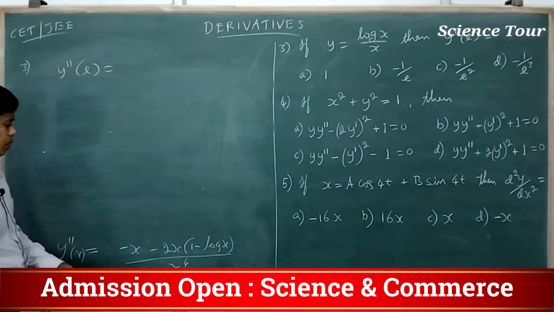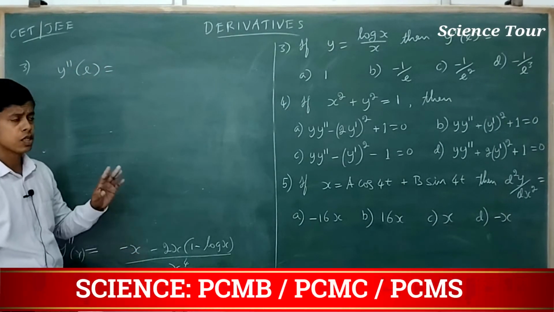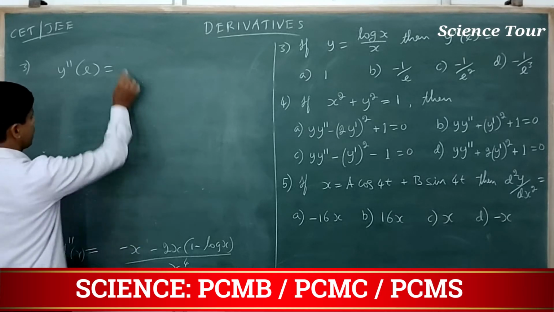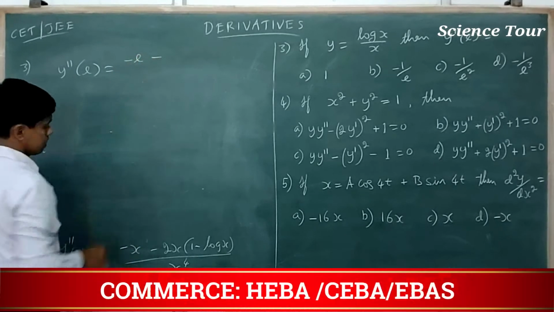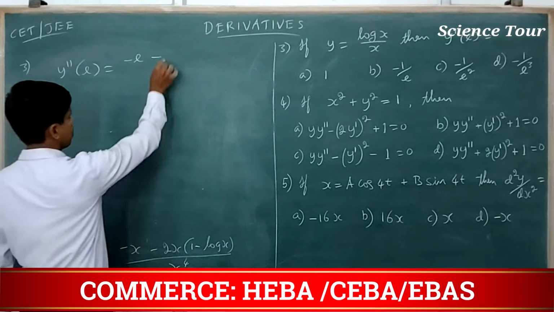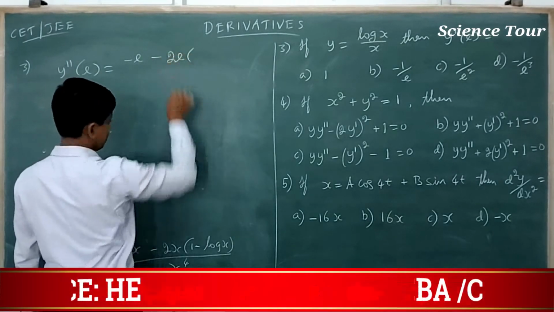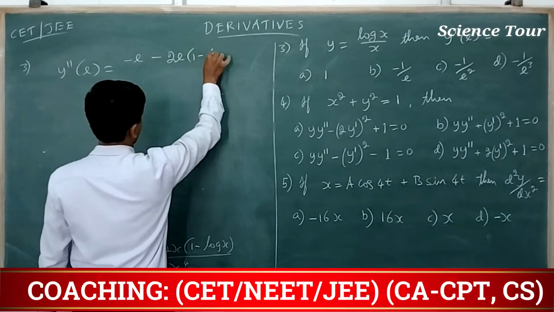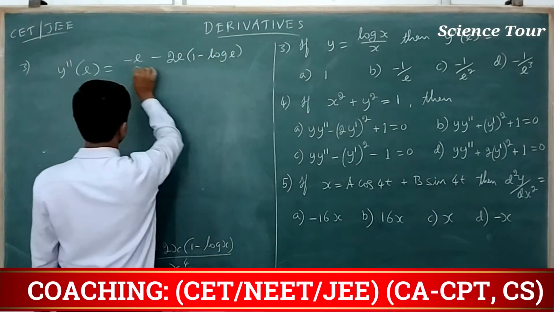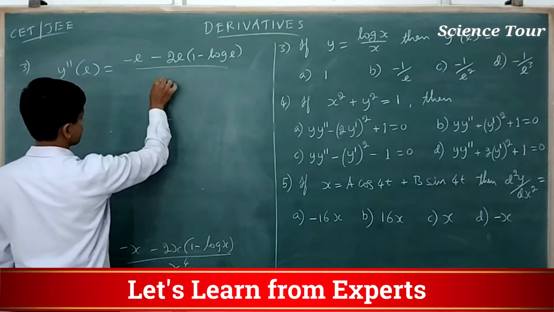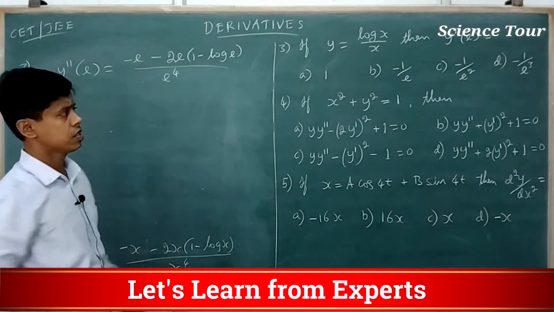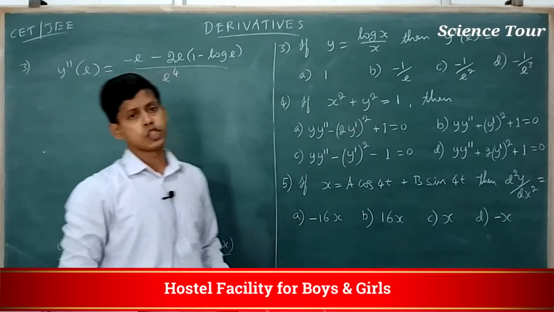That means in place of x you substitute e, so that turns out to be minus e, and here you have got 2e into 1 minus log e divided by e raised to 4. Just simplify this, you will get one of those options.